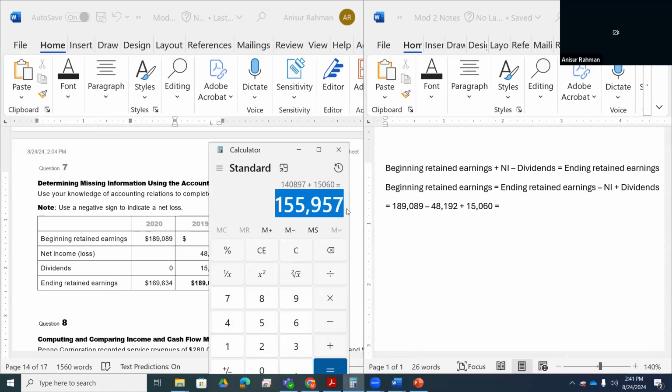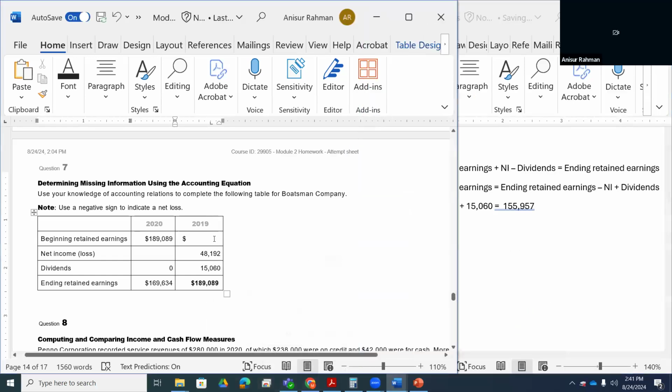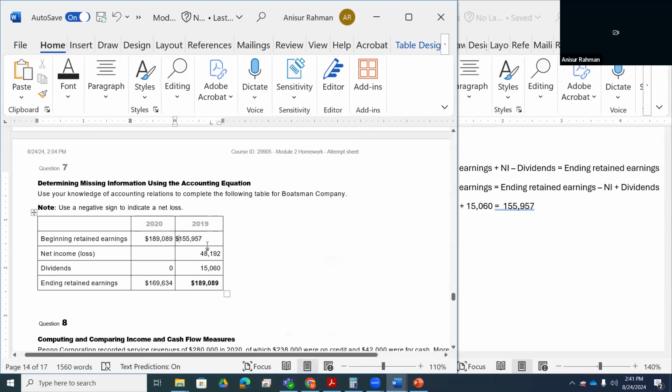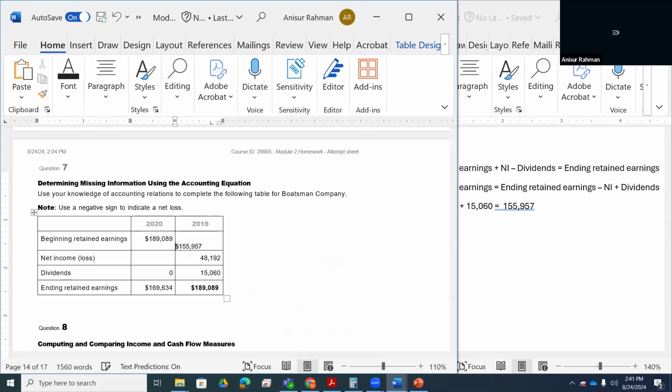Copy this and paste here. Some formatting issues here, I'll leave it like this.